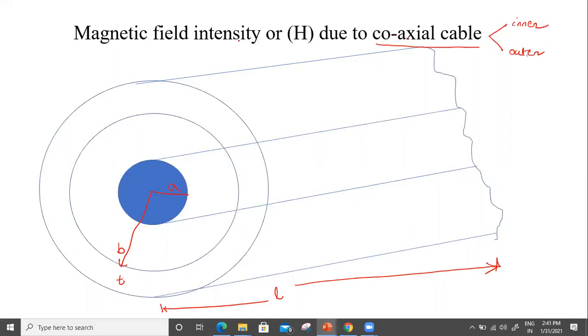Now, this magnetic field intensity can be calculated by using Ampere's circuital law. So now let me explain Ampere's law.